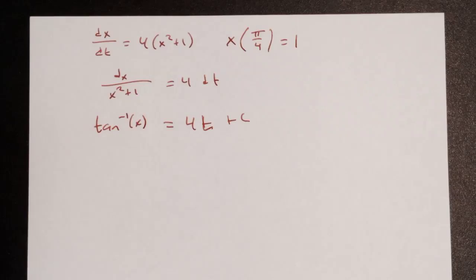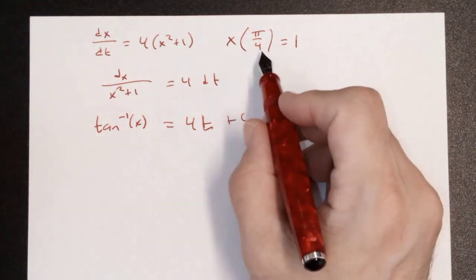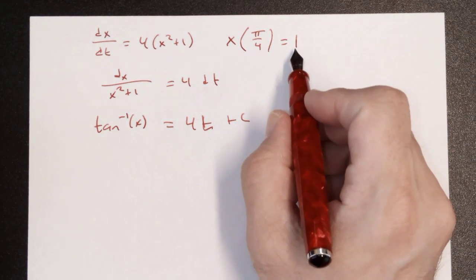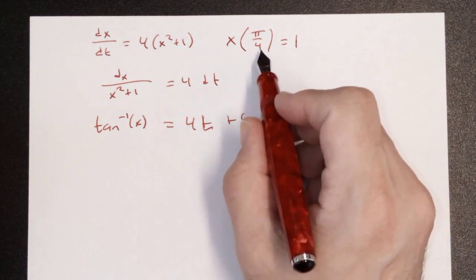But now I can fill in the value. What's c? Okay, wait a minute. I got to put the right things in the right places. x of pi over 4. That means this is an x value and this is a t value.